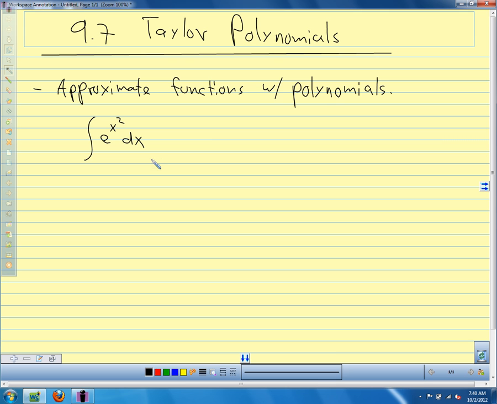So on our calculators, when you press the natural log button, or the cosine button or the sine button, your calculator is running some kind of algorithm. It doesn't have a big table of those values stored in there. It's doing some kind of approximation of those functions.